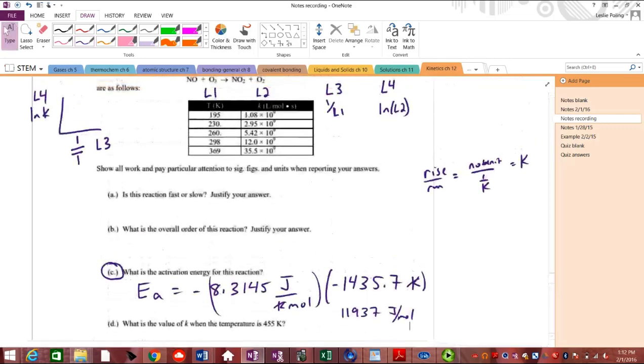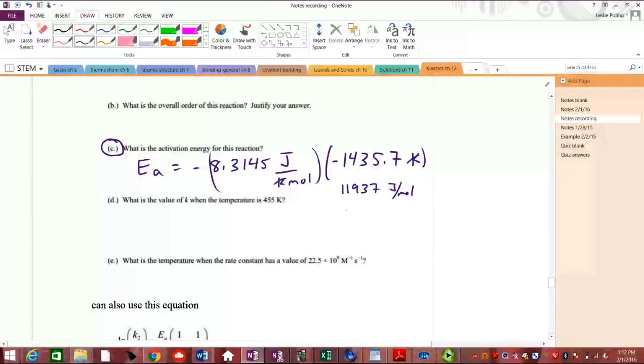Look back at our data, three significant digits. So 11,900, or 1.19 times 10 to the 4th. Both of those would be in joules per mole, or 11.9 kilojoules per mole.